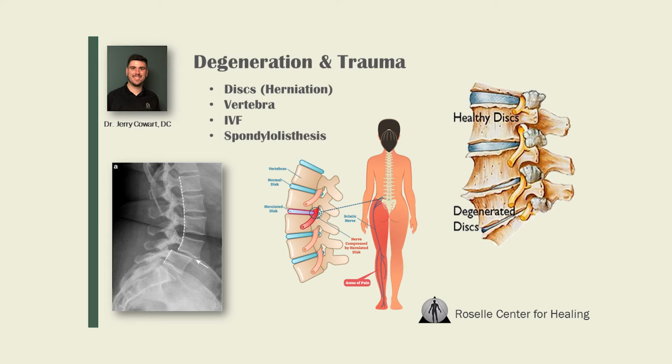But as you progress down this spine, and by the way, this picture is showing the lumbar spine, just the anatomy that they're using, so it's very applicable to what we're talking about. This is actually part of your lumbar spine.